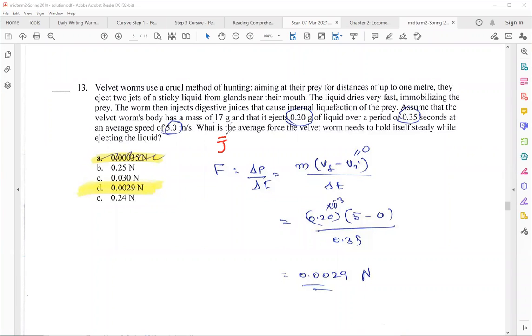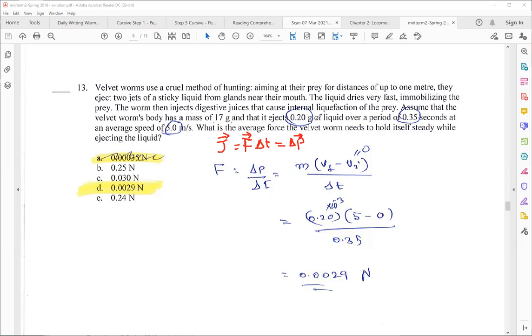So J is equal to the amount of force acting over a certain period of time, delta t, and this will correspond to the change in linear momentum, delta p.